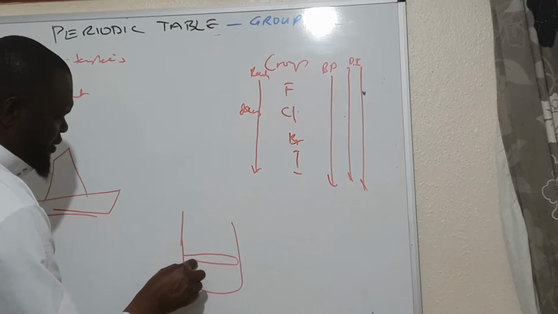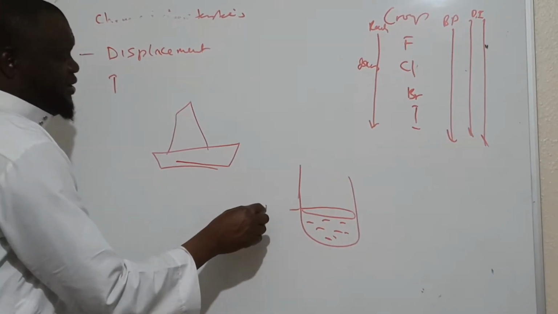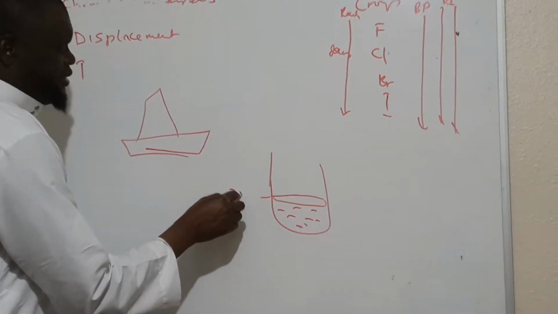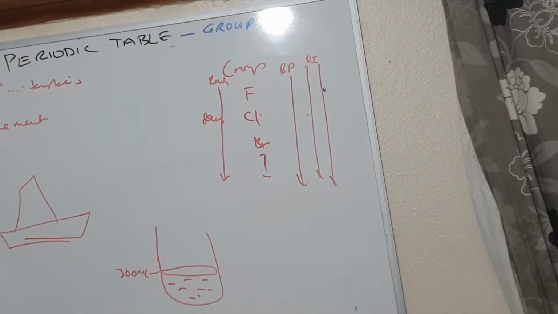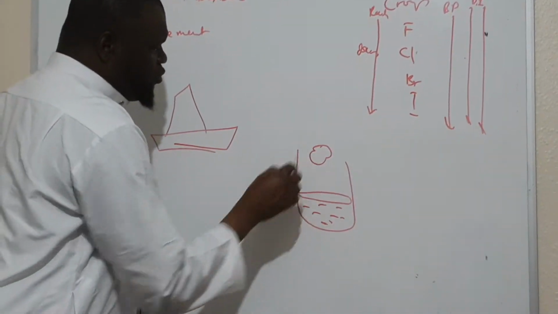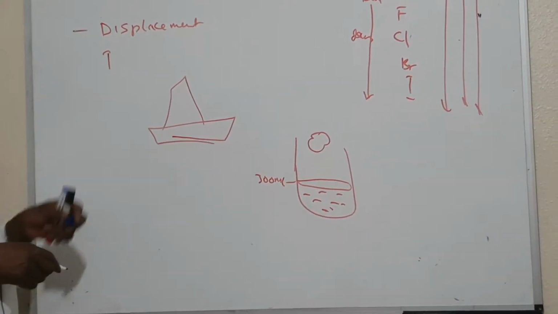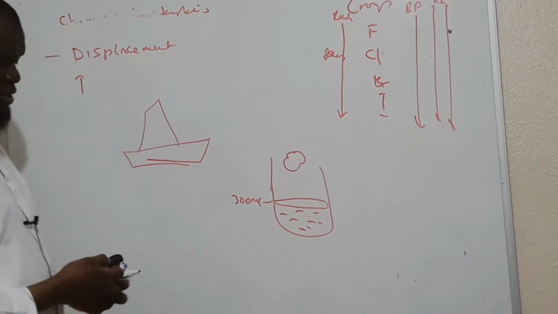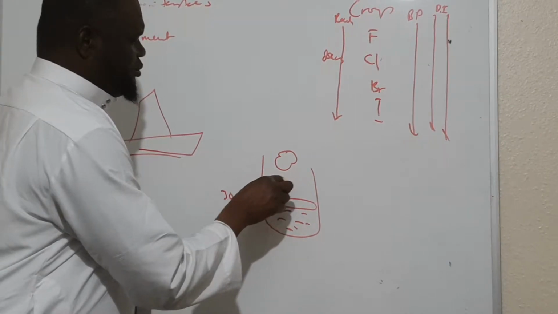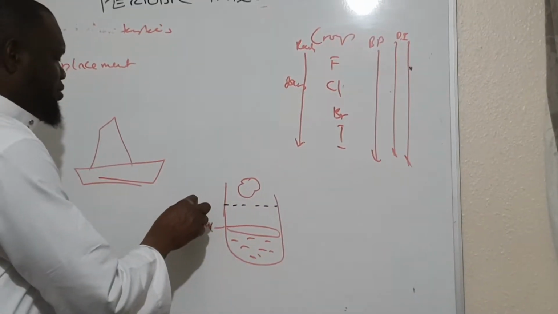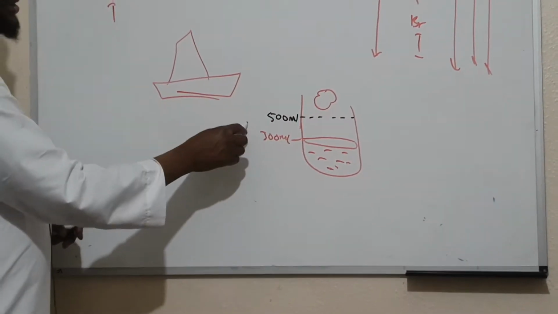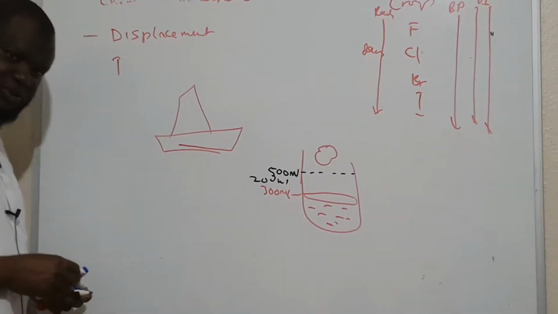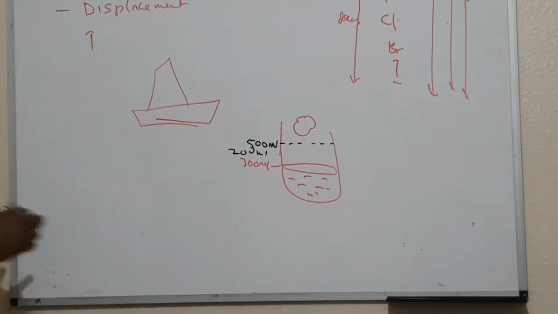If the water level is here, and this is 300 milliliters, and you put a big stone inside this container, what happens to the water? It will rise up, maybe to 500 milliliters. So the displacement of this stone is 200 milliliters. Same concept here.